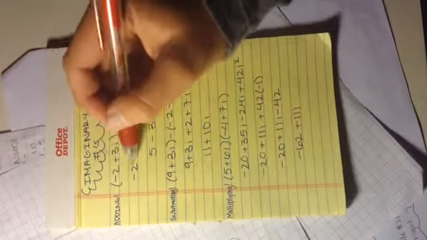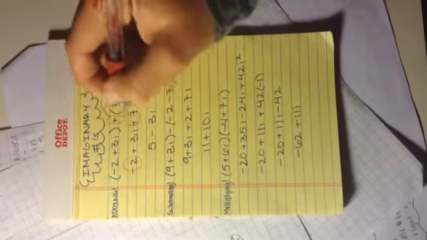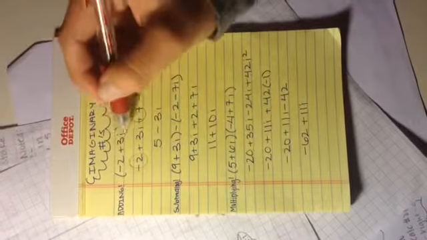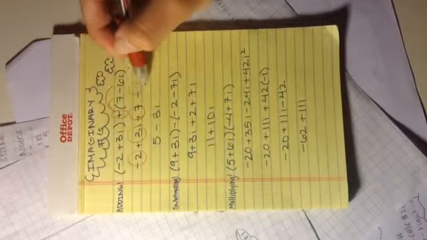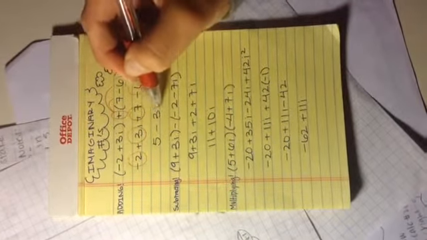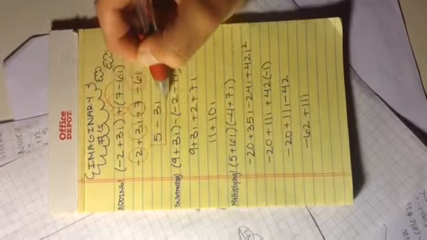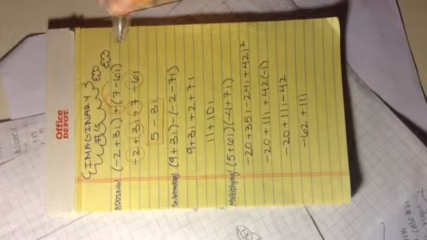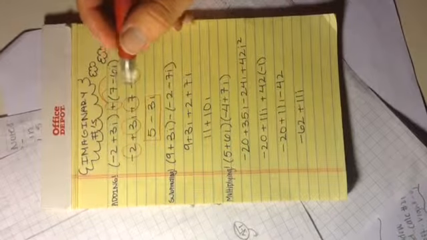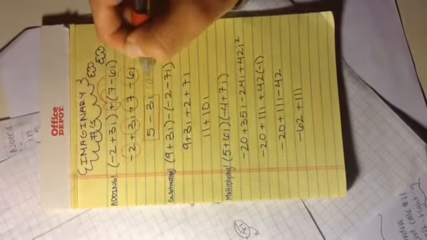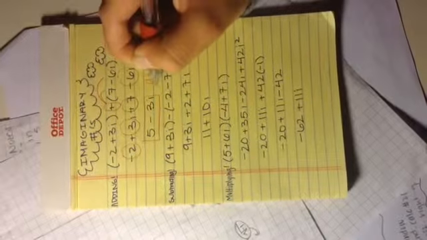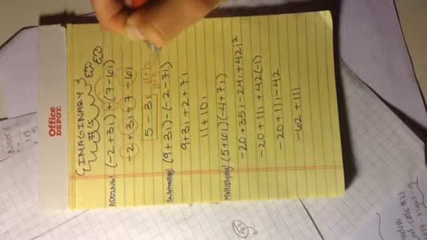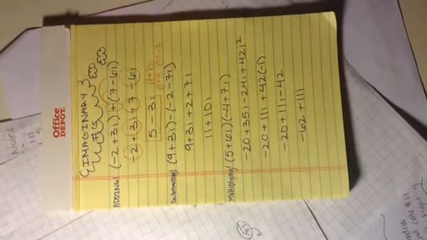So if we add like terms, negative 2 plus 7 equals 5, and then positive 3i minus 6i would equal negative 3i. So this is your final answer right here, 5 minus 3i, and this is a complex number in standard form, a plus bi, where your a equals 5 and your b equals negative 3.